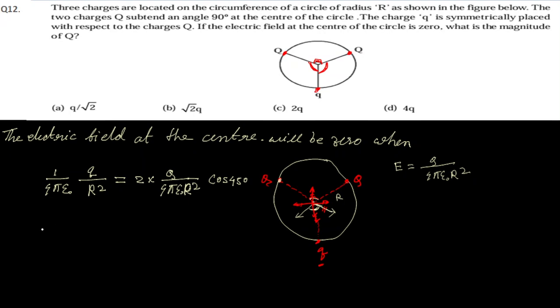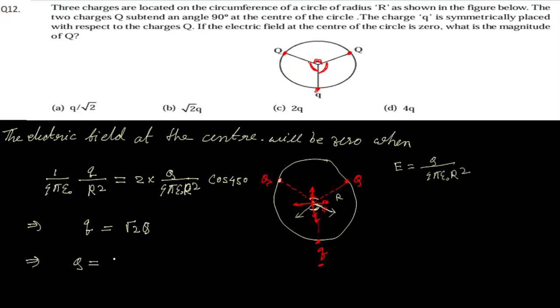Okay. So from there, 4 pi epsilon naught R square will cancel out. So we get q equals root 2 times capital Q, since cos 45 is 1 by root 2. Now we have to calculate the value of capital Q in terms of small q.